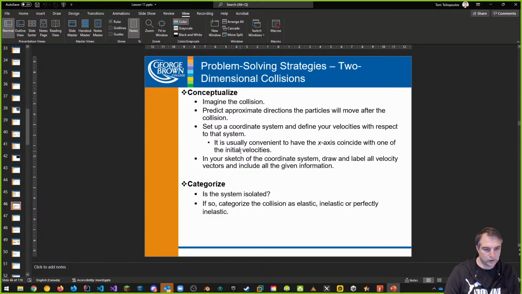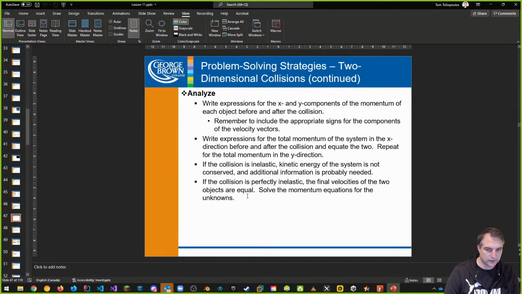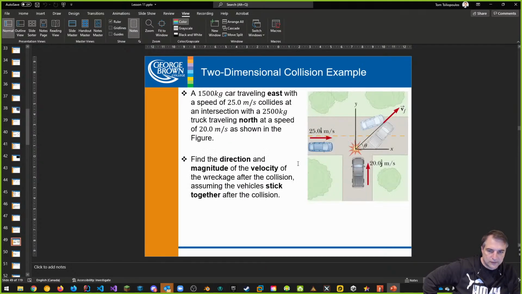And in your sketch of the coordinate system, draw and label all velocity vectors and include all the given information. Again, categorize. Is the system isolated? If so, categorize the collision as elastic, inelastic, or perfectly inelastic. Which one is it? Okay? Analyze. Write expressions for x and y components of the momentum of each object before and after the collision. Okay? Let's take a look at these things.